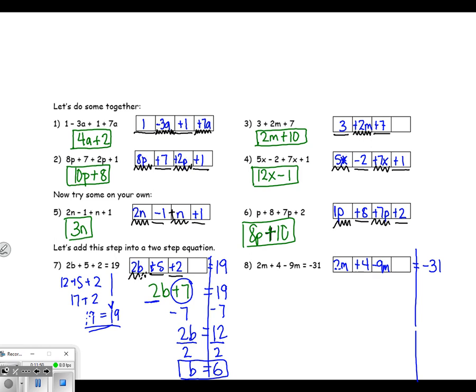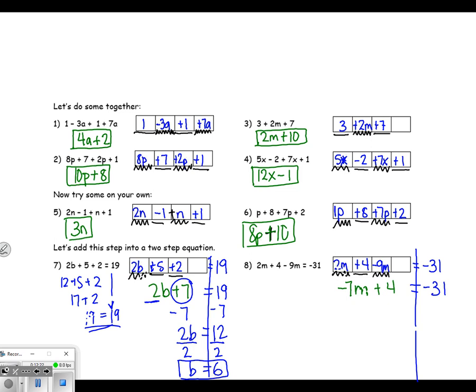Okay, so I've got a variable term, a constant term, and a variable term. 2m minus 9m. 2 minus 9 is not 7, it's negative 7m. And then I don't have another constant term, so I just keep that plus 4. Negative 7m plus 4. And then that equals negative 31.